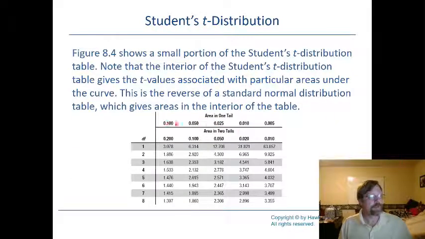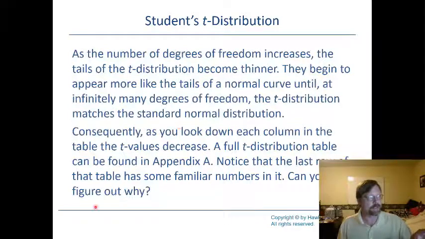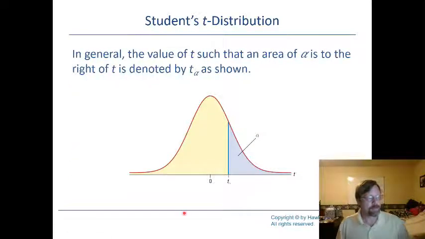Here's our alpha value across the top, and there's the t value. So if I'm after an alpha of 0.1, or 10%, that's that probability there, my 10% or 0.1 probability, however I want to think about it. And that's the t value associated with that alpha.